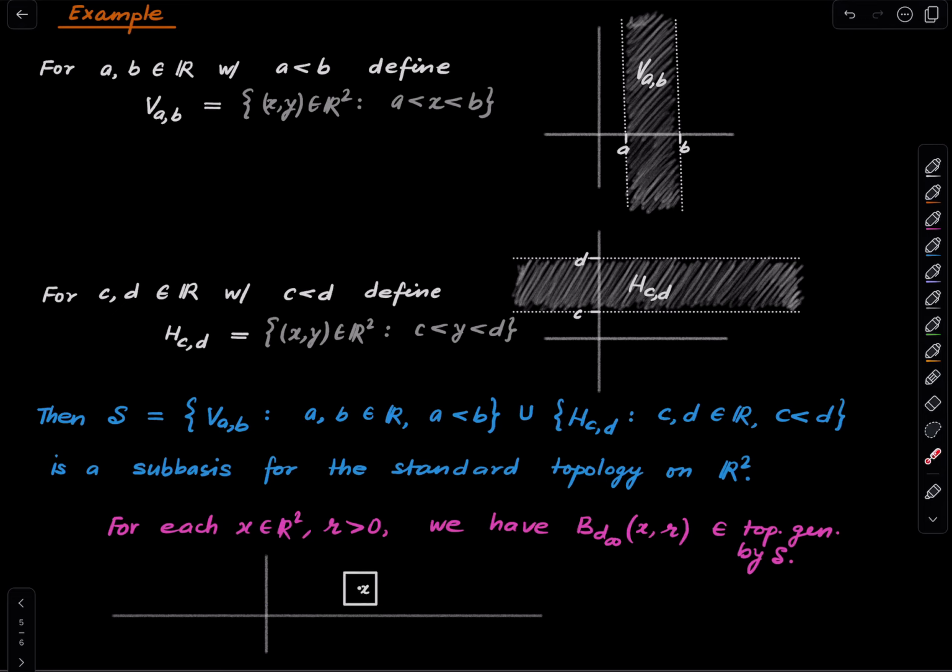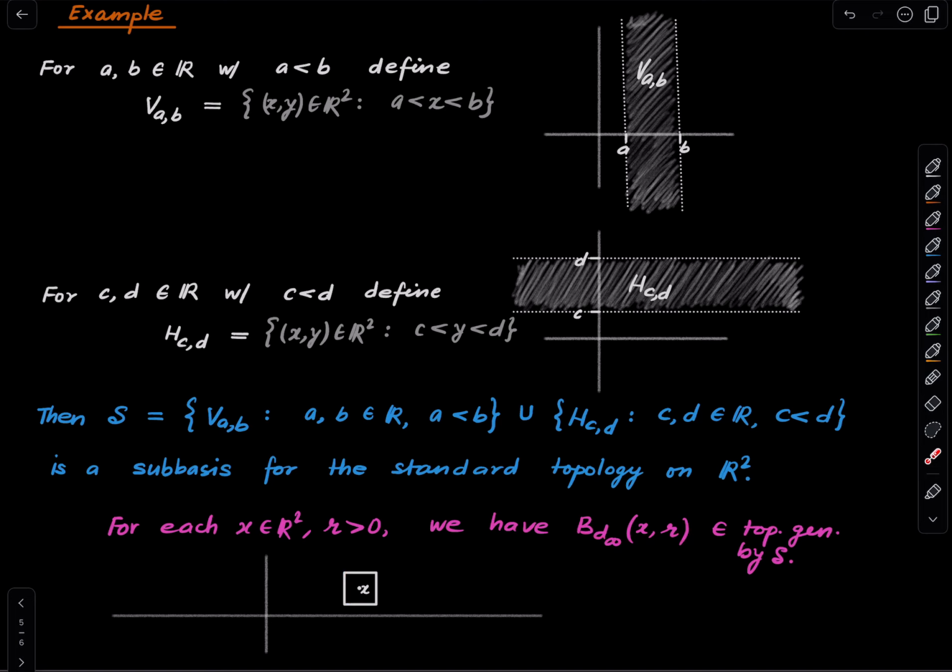So you just take this horizontal strip and that vertical strip and intersect, and that is clearly there in the topology generated by S. And therefore this little square, this open infinity ball, is there in the topology generated by S.